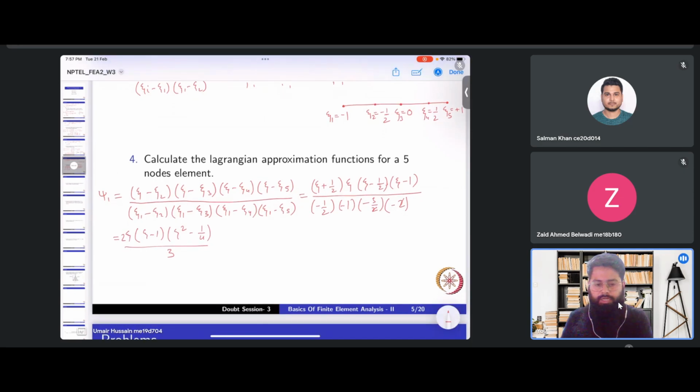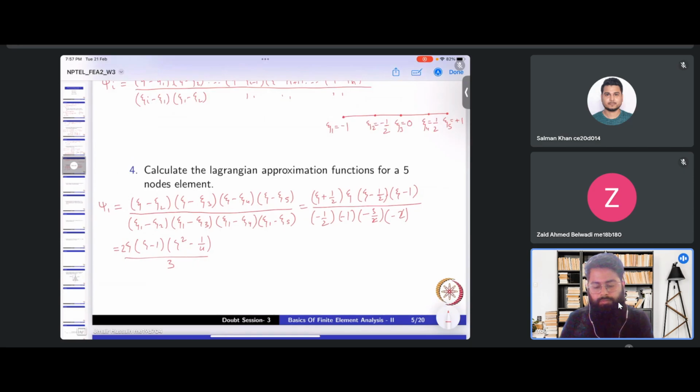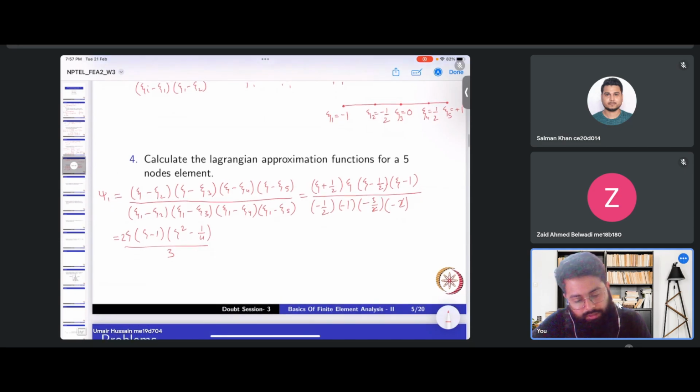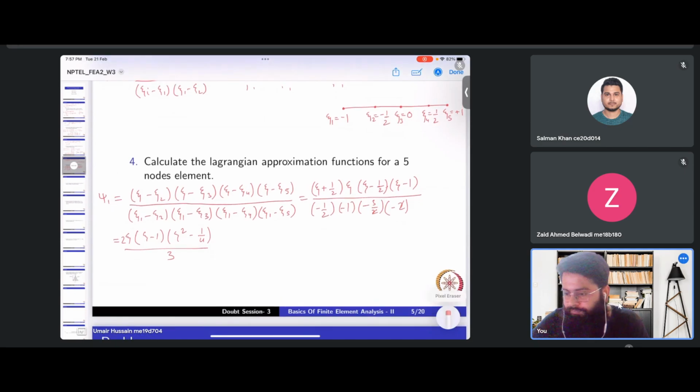So likewise, we can try and find the approximation function for the other nodes also. Tedious task. We'll try for one more. Take up node 2.